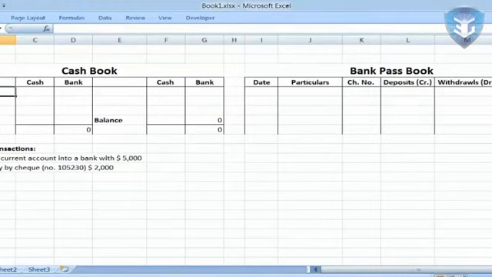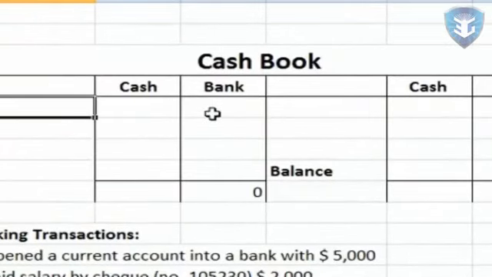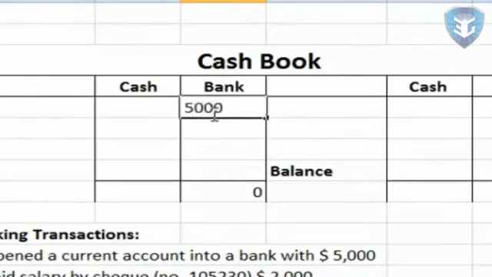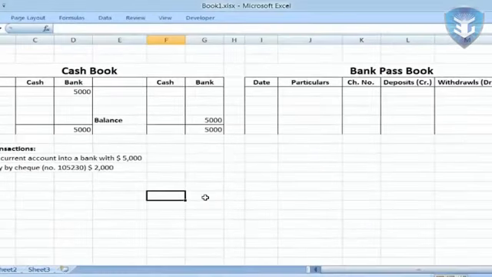And as in the entry bank account is debited, so in the cash book on the debit side we will first write amount in the bank column $5,000 as bank account is debited. So that's why on the debit side of the cash book in bank column first we will write the amount $5,000, and in column for particular we will write the name of the credit account, and that is cash.